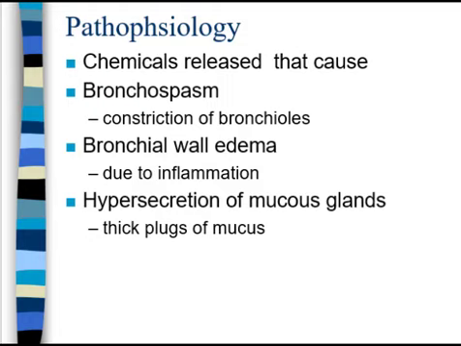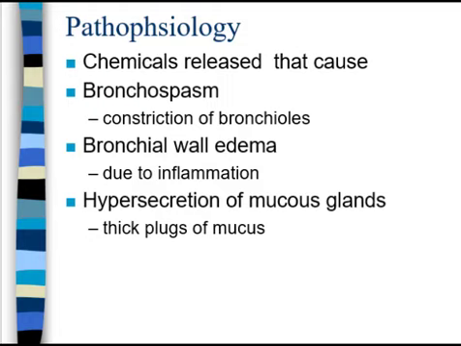So we end up with bronchospasm, which is the constriction of the bronchioles, and therefore the airway passages are smaller and you have respiratory difficulty. The bronchial walls themselves become thicker due to the inflammation from these chemical mediators, and again, it makes the airway smaller.